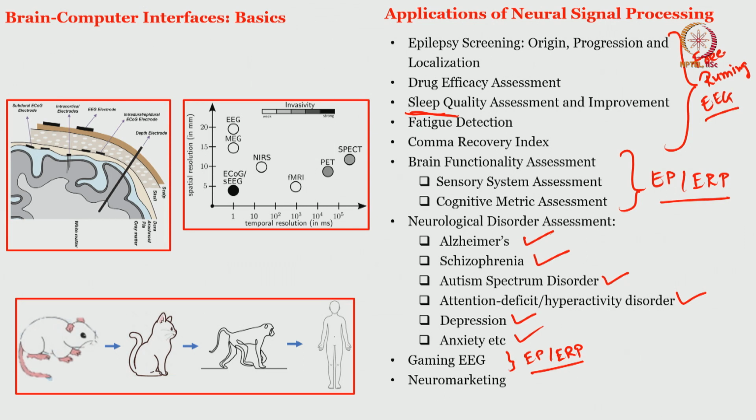Of course, apart from this, as this course we will be focusing on invasive experiments, we will be looking at DBS also. One of my friends would have already covered a few aspects of DBS, which is deep brain stimulation.